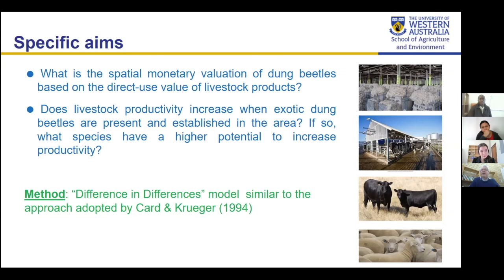They released them in some areas, not in others, and you find some statistical areas which have dung beetles and others that don't. So we're relying on being able to compare livestock stocking rates, productivity as a measure of productivity, and things like milk yields.